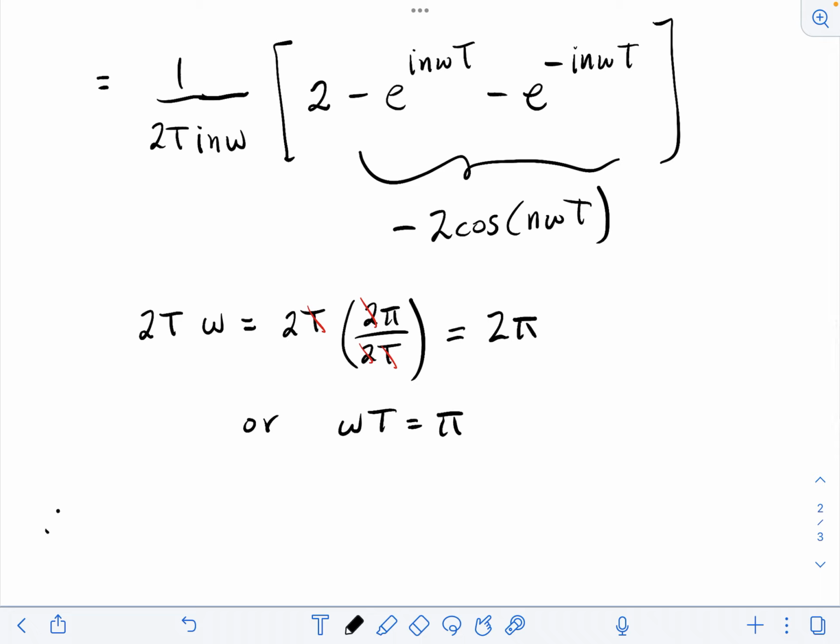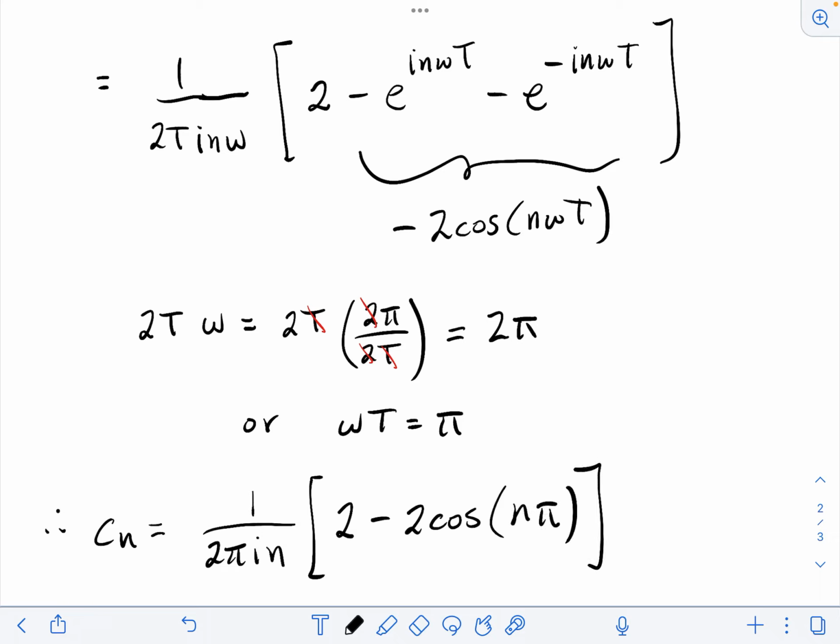So Cn is equal to 1 over, in this coefficient out front, we have a 2t omega, which we said is going to be 2 pi. So we have 2 pi i times n times 2 minus 2 cos of n omega t. Omega t is pi, so we get n times pi.